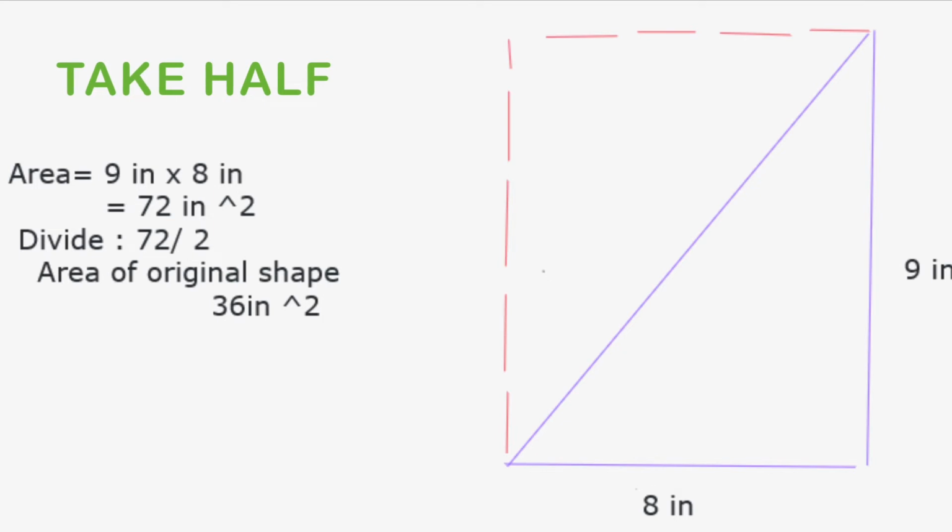In this case you multiply 9 times 8 and it gives you 72 inches square, and you divide it by 2 and it gives you 36 inches square.